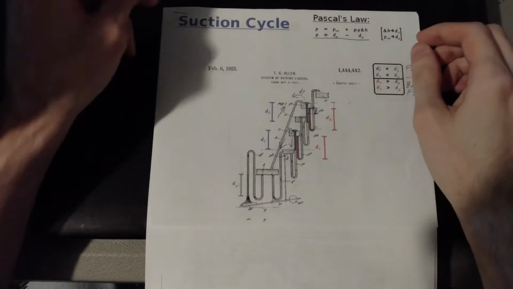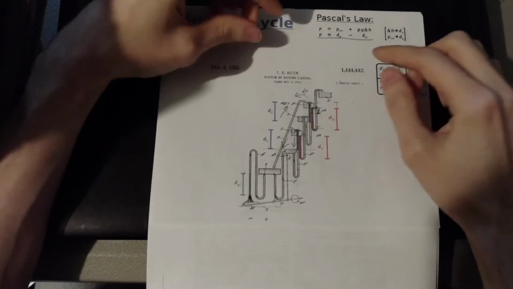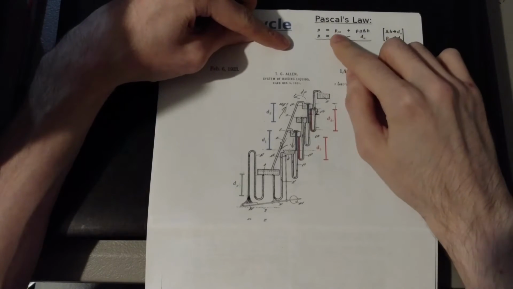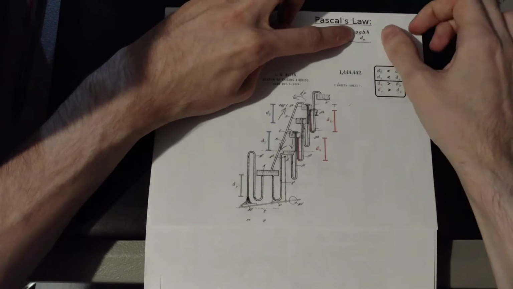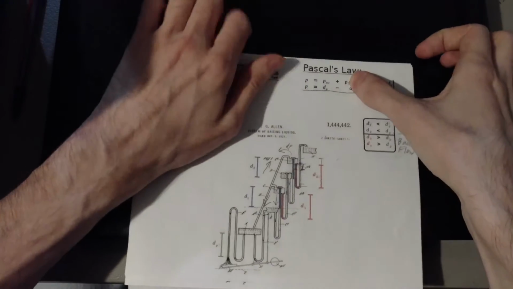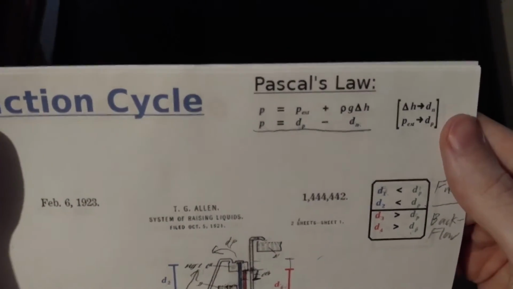Okay, so first, this whole thing basically stems from Pascal's law, which is the pressure at any given point is equal to the external pressure being put upon it, plus the density, which is what this rho symbol here is. Okay, should probably hold it up closer to the camera in case YouTube doesn't have as high quality.